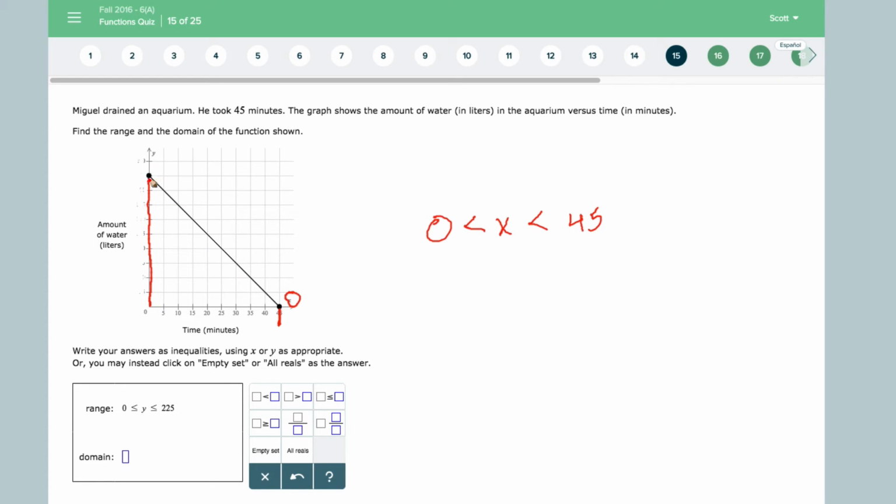That's a filled in circle. So that goes a line there, and that's a filled in circle, so we get a line there, which tells us that we have 0 less than x, less than or equal to 45. We just copy as we wrote it on our scratch paper. It's easiest to start on your scratch paper.